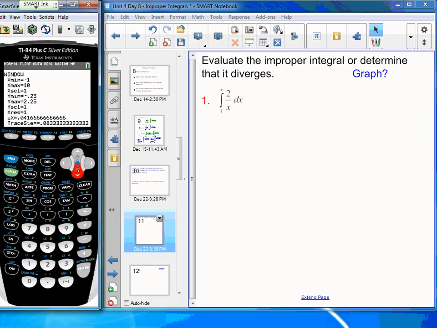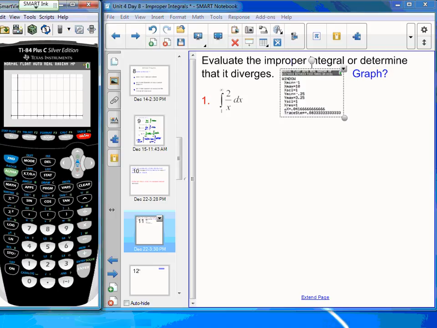And I think I'm going to make my upper y value 3.25 just to get a nice picture. And I don't know if that is good. That's okay.